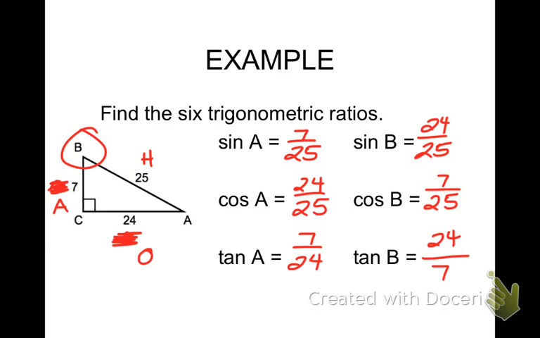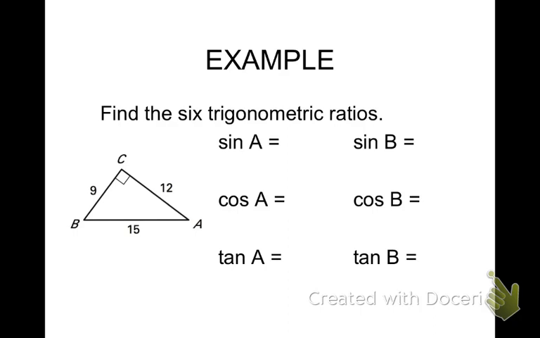All right, so let's do the last one, where here we do have to reduce. We're making A my reference angle. Where's your hypotenuse? That's the easiest one to identify. 15. The opposite would be 9 or 12. 9, which would make 12 be the A. So sine would be what fraction? 9 over 15.